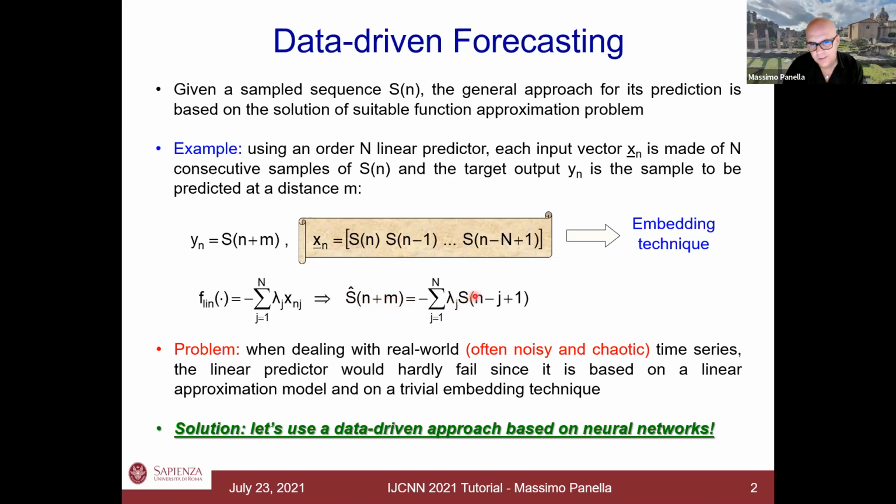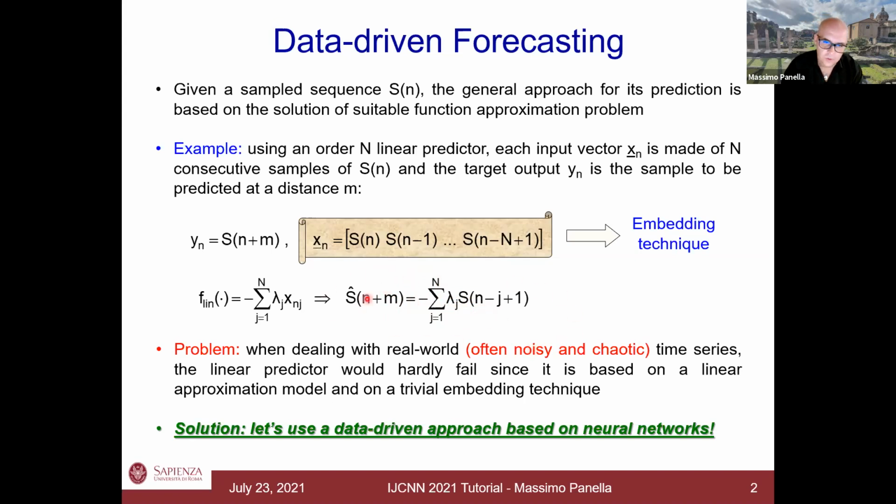And this value is linearly combined in a linear predictor with past values of the time series. Then you can have, of course, a recursive approach, or another regressive approach, where new values are estimated based on the estimated samples. But this is a very old theory, and this is not the focus of this tutorial. Nor is how the parameters are estimated.